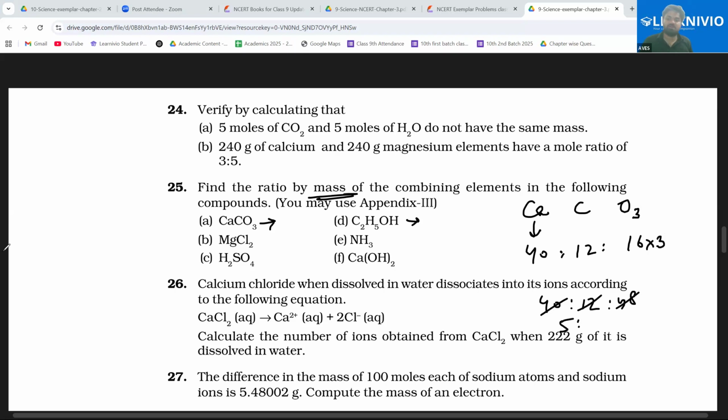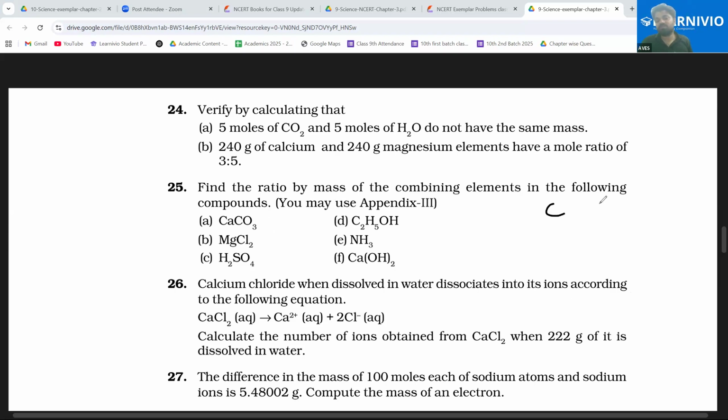So calcium, carbon and oxygen: 40 is to 12 is to 48. You cut it by 4, you'll get 10 is to 3 is to 12. This is the simplest ratio. So try to find out the ratio of all the elements that are combining in the others. Try it fast.